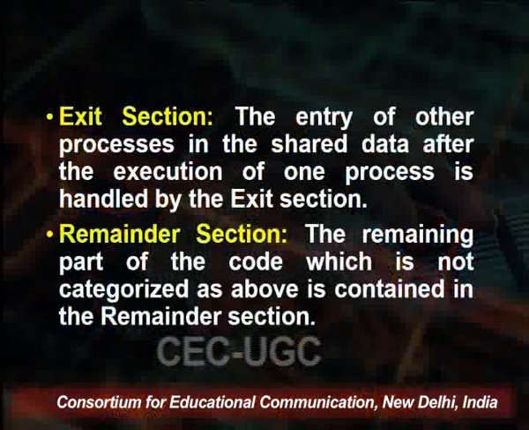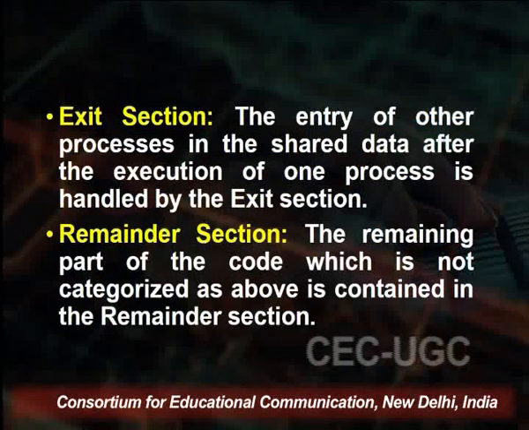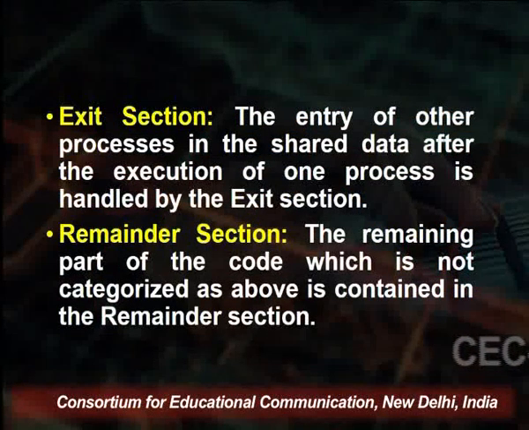So, two sections we have seen: the entry section and the critical section. Coming to the third section, the exit section is about handling the entry of other processes into the shared data after the execution of one process.